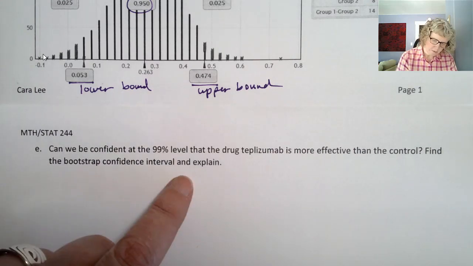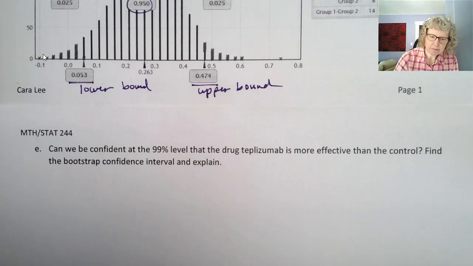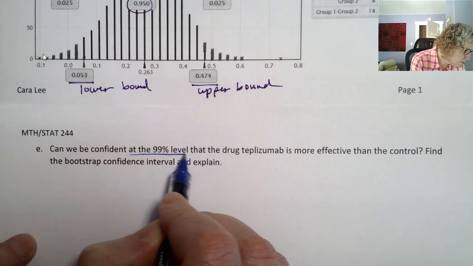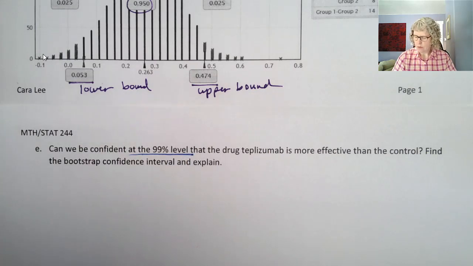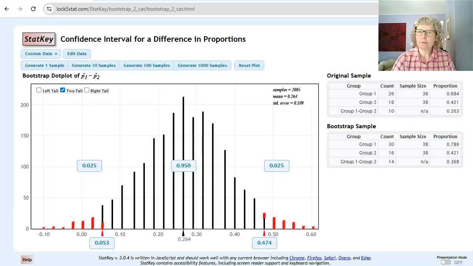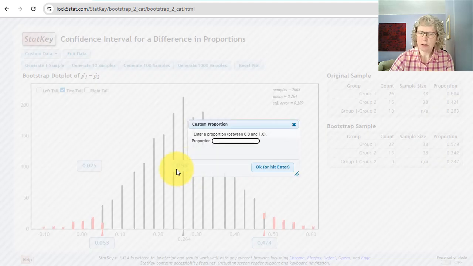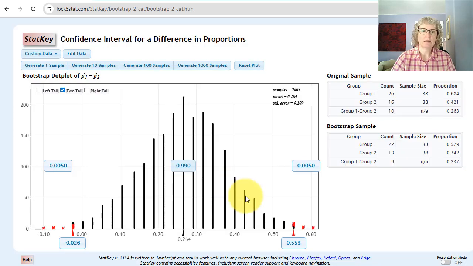Find the bootstrap confidence interval and explain. Okay. So at the 99% confidence level, so let's go back over to our simulation. And this time we do need to change that middle box to 0.99. Okay, so let's see what happens here.